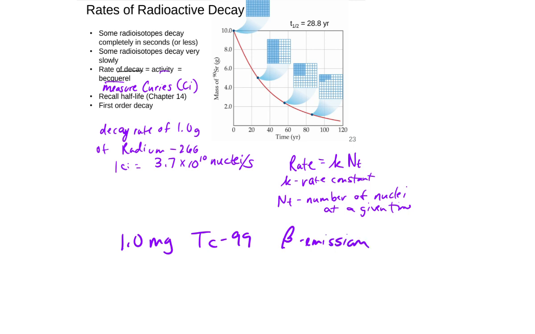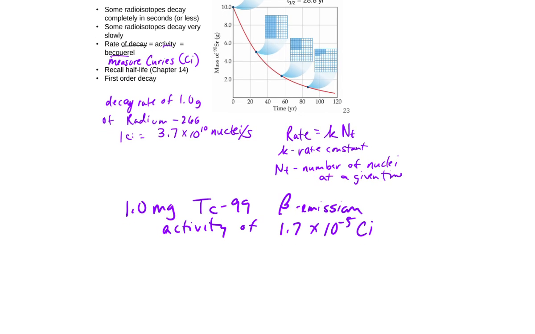Okay. And it has an activity of 1.7 times 10 to the minus 5 curies. So knowing this, let's determine the rate constant. What is k?